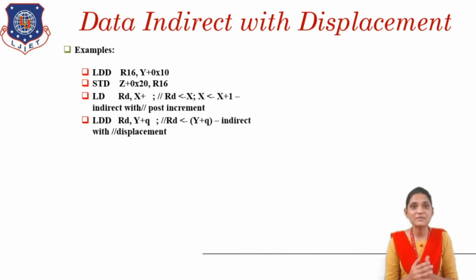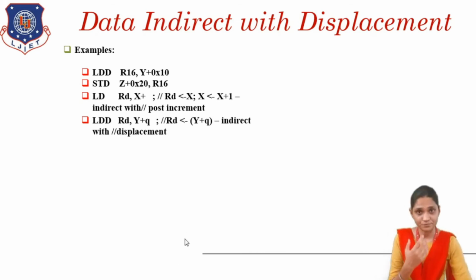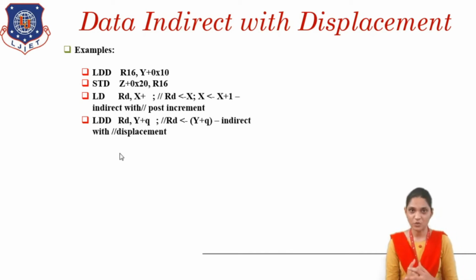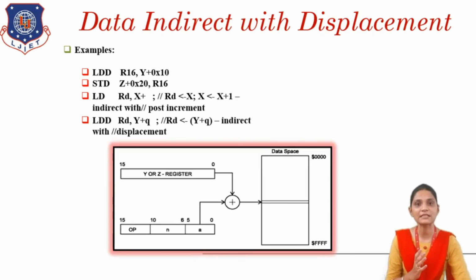Okay, and similarly you can use the indirect addressing with displacement, with an instruction like LDD Rd, Y plus q. Here I am storing the content of the location Y plus the displacement that I have given into the register Rd. Okay, so this kind of thing is possible. This can be given like this.